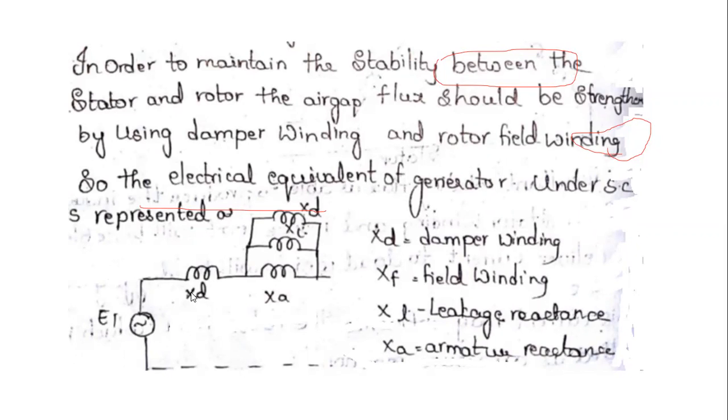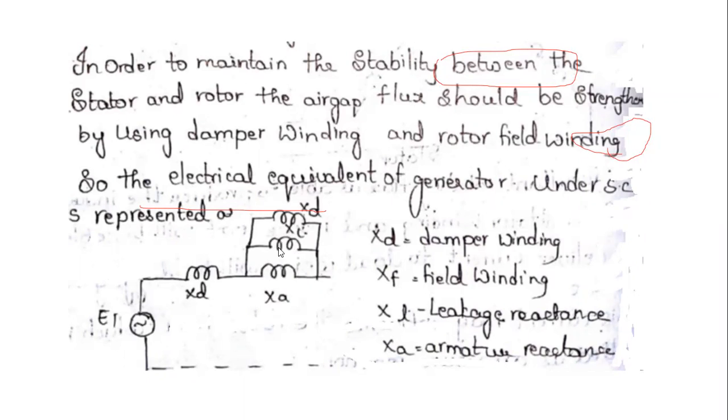Here XD is the damper winding reactance and XA is the armature reactance. The leakage reactance and the damper windings are connected in parallel to the armature under short circuit or faulted conditions.